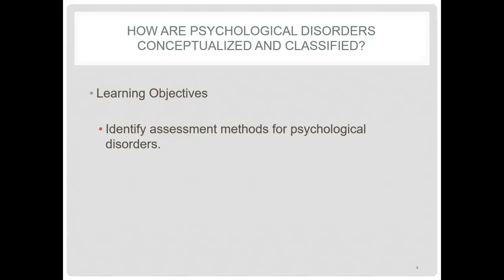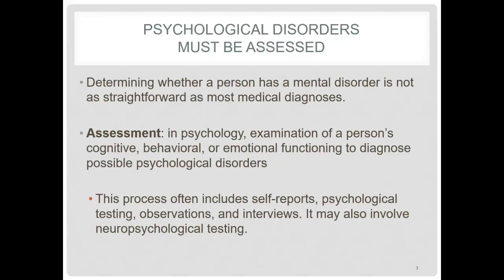So now we're going to look at some of the assessment methods used for psychological disorders. We're just doing a little intro to this, and then we'll talk a lot more about assessment in Chapter 15. Trying to determine if someone has a mental disorder or not is not nearly as straightforward as it is for most other medical diagnoses.